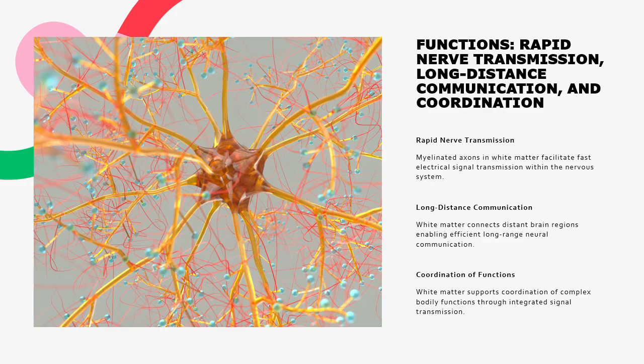White matter's myelinated axons enable fast transmission of electrical signals, allowing for efficient communication between distant brain regions and coordination of complex body functions. So this is all about really getting those signals out as far as they can go.